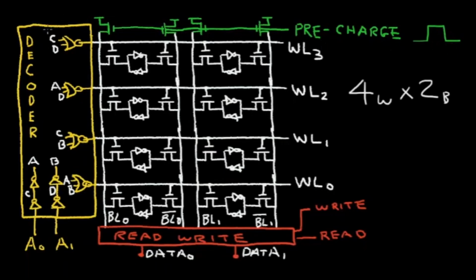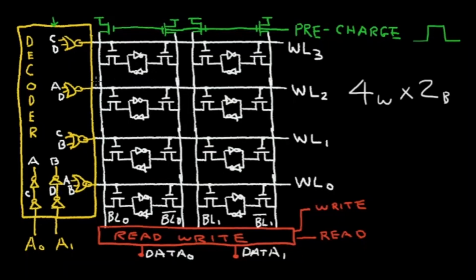So in reality, I may want to feed this pre-charge signal into this decoder block to turn off my NOR gates during pre-charge so I don't do a false write into the memory. So this is just a very simple, incomplete version of how the memory RAM cells are put together to form a RAM.